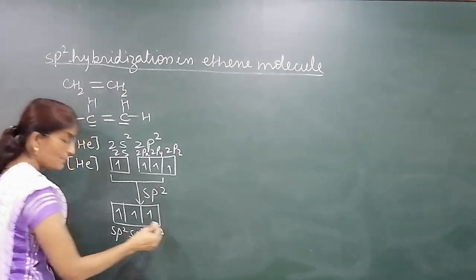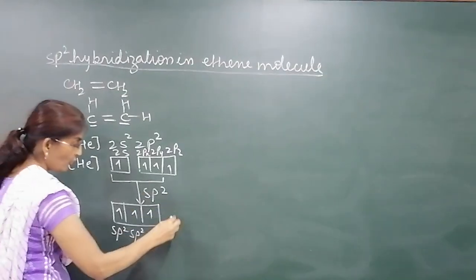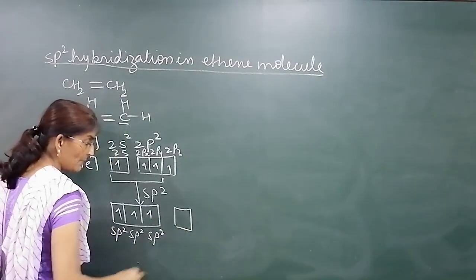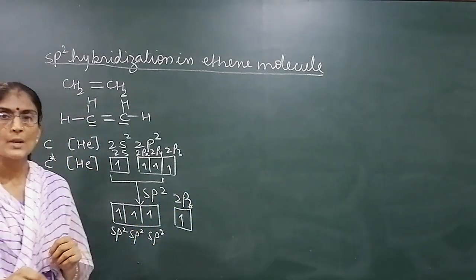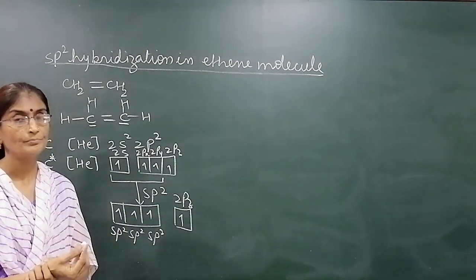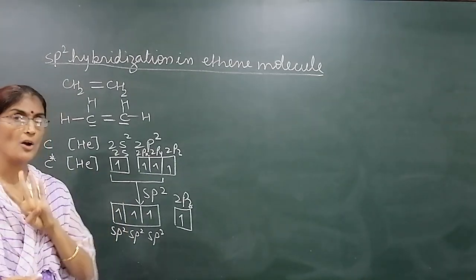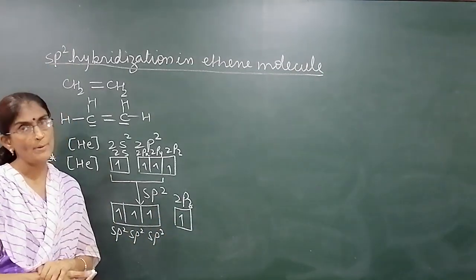They have same shape, identical energy, degenerate orbitals. Now this 2pz orbital, which didn't take part in hybridization, has different shape, different energy from these 3 hybrid orbitals. So now carbon has total 4 orbitals. Out of 4, 3 are hybrid and 1 is atomic orbital.